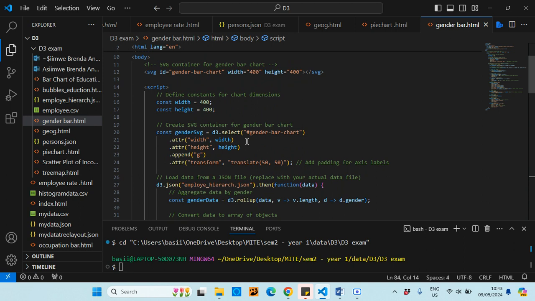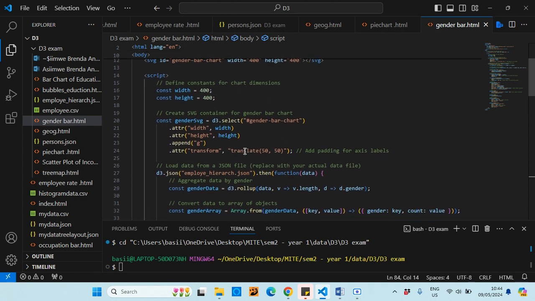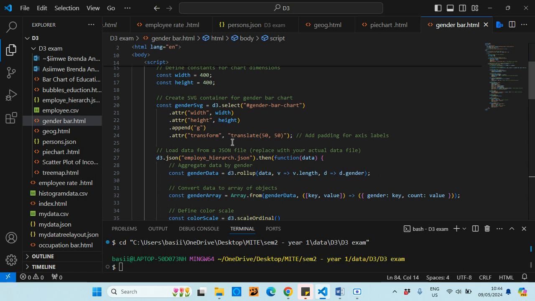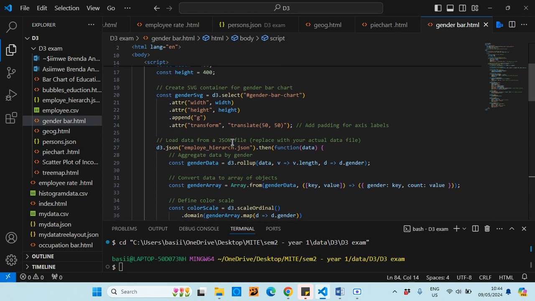So we declare the attributes for the container, which is going to have the bar chart. We put the attributes for width and height, using the constants we declared. Then we added padding to accommodate the axis labels.